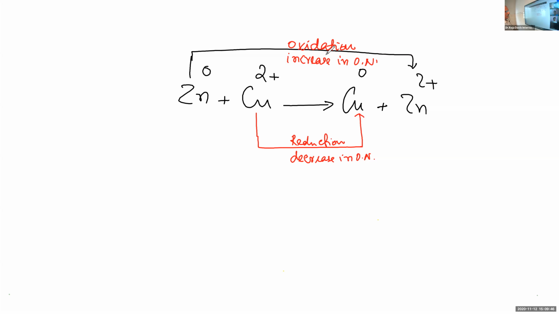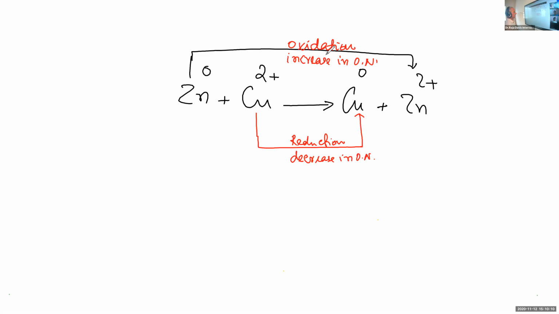There is no change, only the concept is changed: electronic concept, and here we have the oxidation number concept. Increase in the oxidation number, oxidation. Decrease in the oxidation number, that is a reduction.